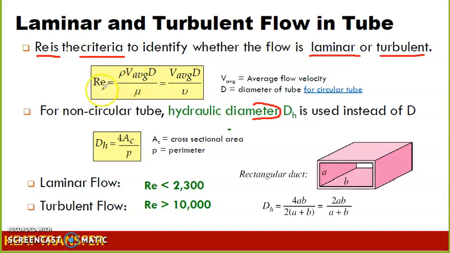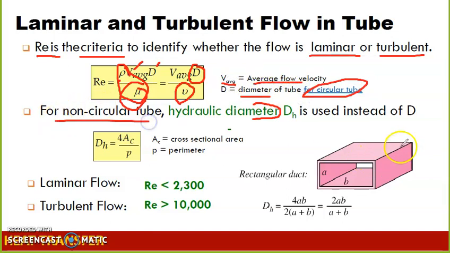The formula is density times average velocity times diameter over dynamic viscosity, or when you don't have these values, just look in the table for the value of kinematic viscosity. The diameter here is equal to the diameter of the tube if the tube is circular, and Vavg here is the average velocity.